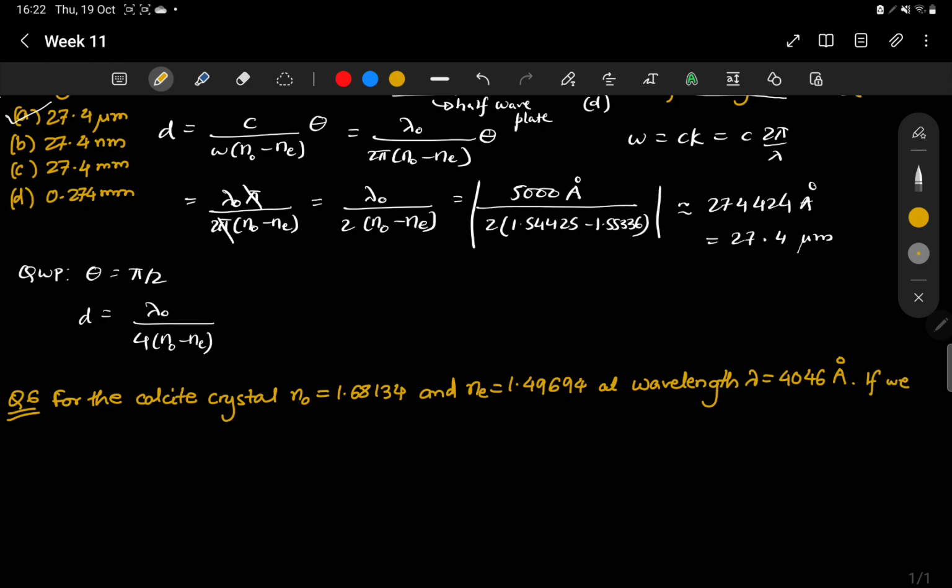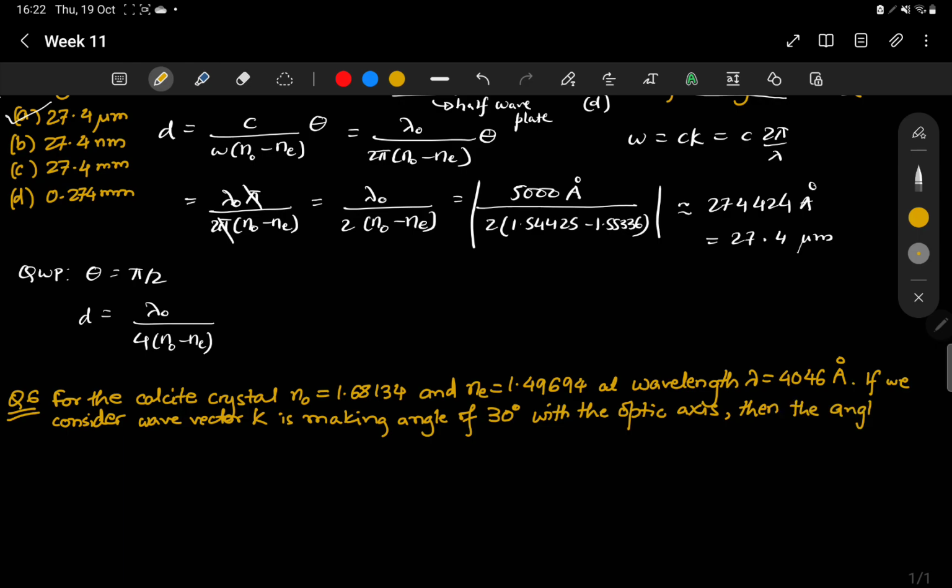If we consider the wave vector k is making an angle of 30 degrees with the optic axis, then the angle between S and K will be: A, 8 degrees, B, 2 degrees, C, 6 degrees, or D, 4 degrees.